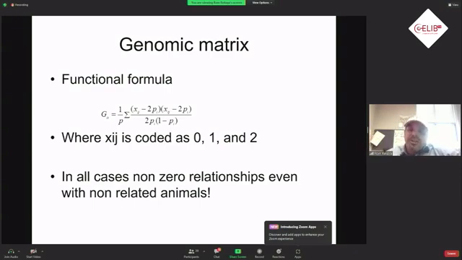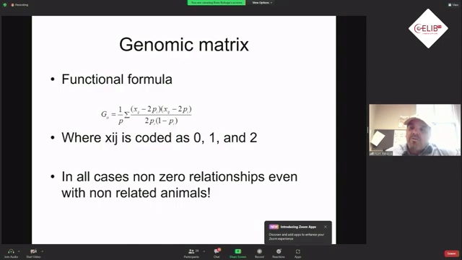That's what we call identity by state. That's why, when you take two individuals and look at their relationship based on a large number of markers, you will find that they share some markers, not necessarily due to recent family relationship, but due to identity by state, okay?